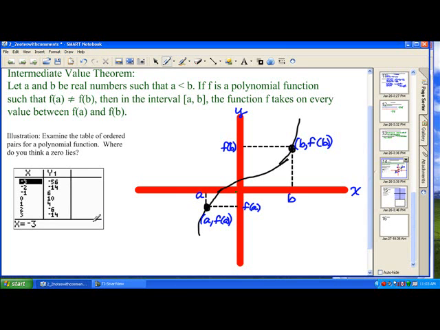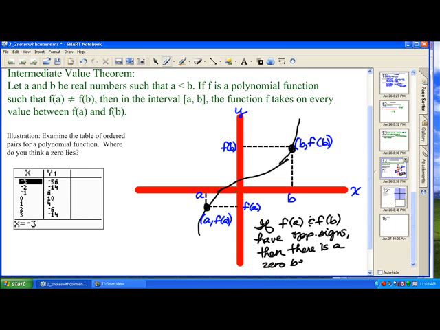So we'll write it like this: if f of a and f of b have opposite signs, then there is a zero between a and b.